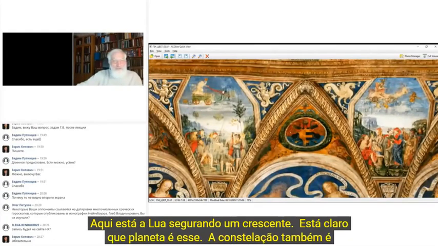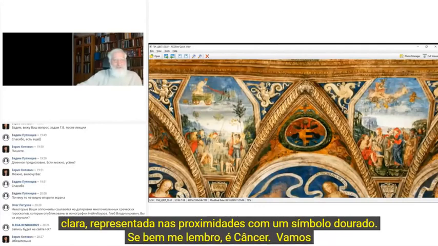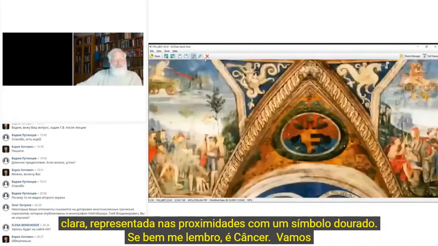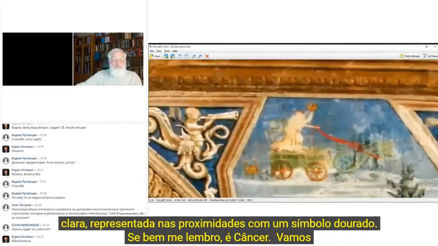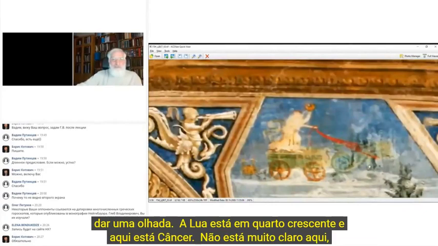Here's the moon holding a crescent. It's clear which planet it is. The constellation is also clear, depicted nearby with a golden symbol. If I remember correctly, it's Cancer. Let's take a look. The moon holds a crescent, and here is Cancer.